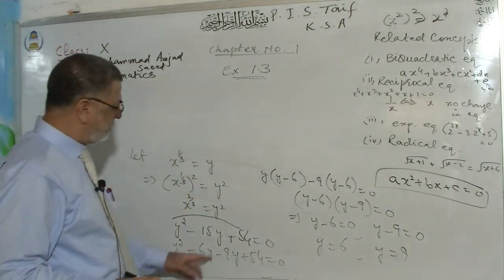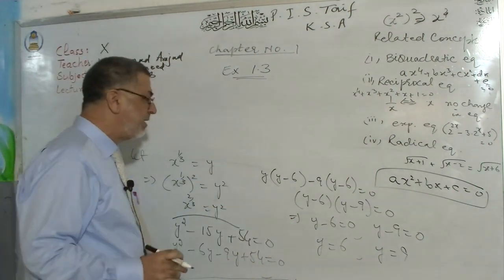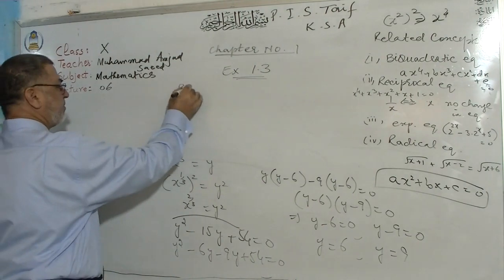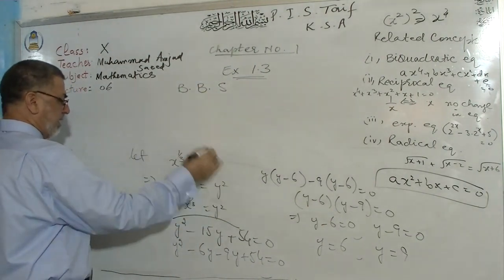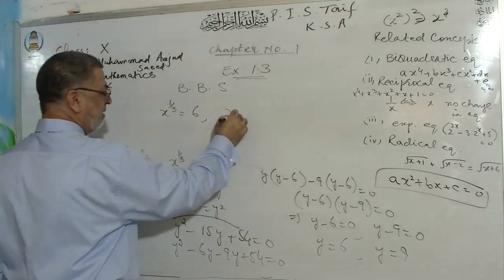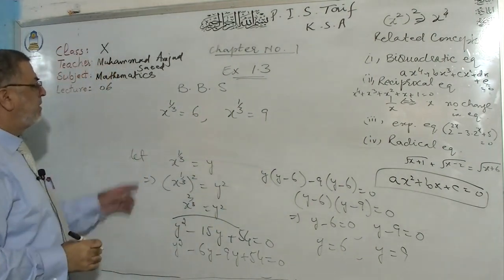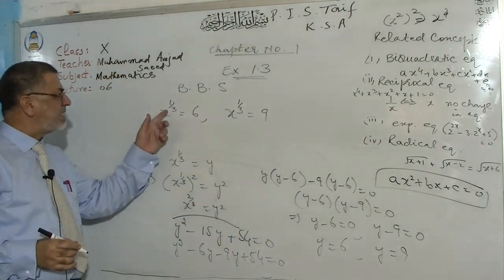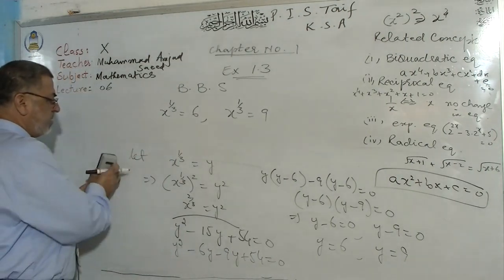So from here you must have your answer in terms of variable x, not y. By backward substitution, y will be written as x power 1 over 3 is equal to 6 and x power 1 over 3 is equal to 9. You have to cancel this power 1 over 3 so that you can get the value of x.